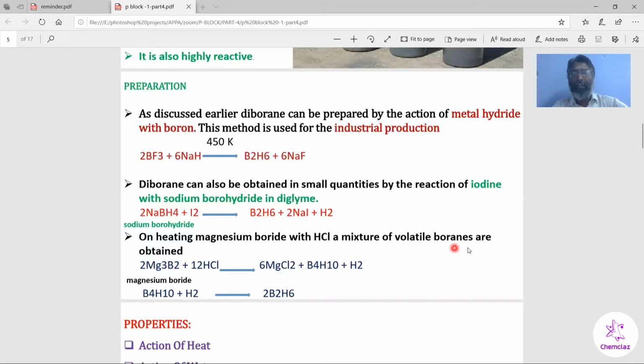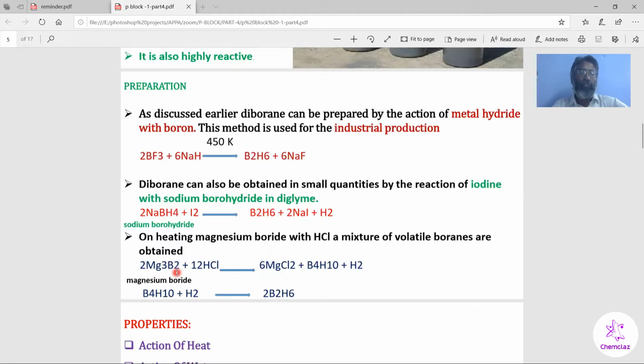Boron hydride compounds are called borane compounds. These are also boron hydrides, but the ratio is different.